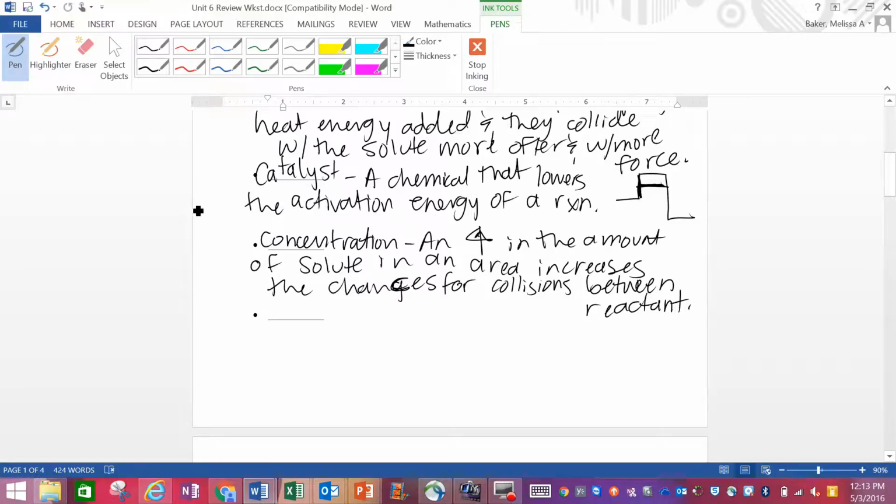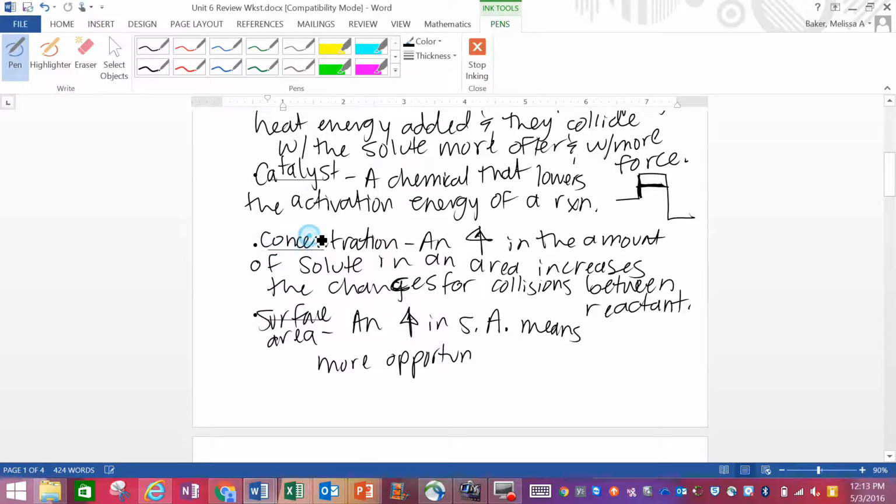Finally, surface area. So this would be like my example that I talk about in class, crushing up a salt cube or a sugar cube before you throw it into the swimming pool. An increase in surface area, I'm going to short it SA, means more opportunity for the reactants to collide and react.